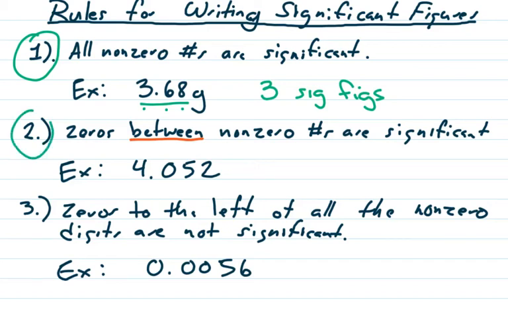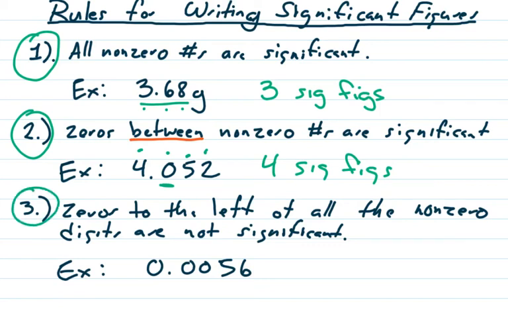Rule number 2: zeros between non-zero numbers are significant. If we have a 0 sandwiched in between significant digits, we can say that this number has 1, 2, 3, 4 sig figs. That 0 counts because it's sandwiched in between significant digits.